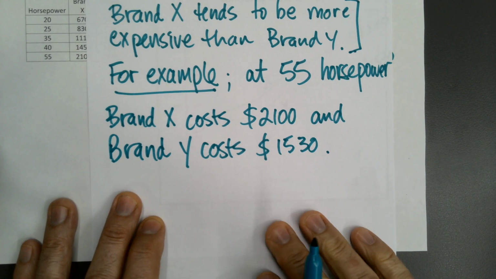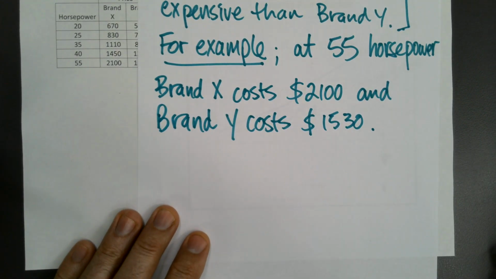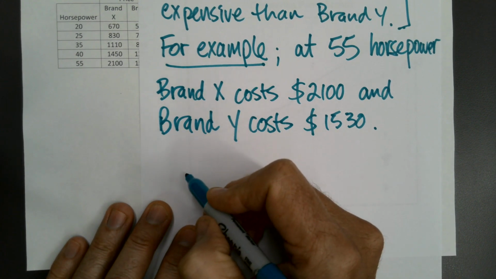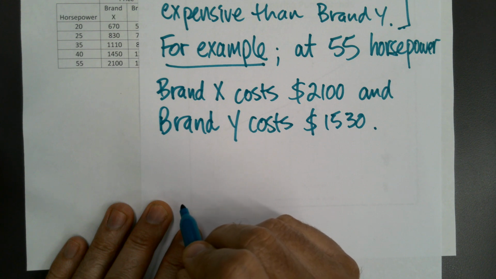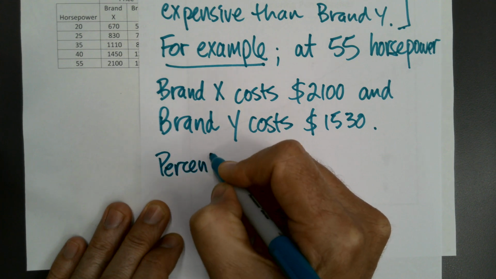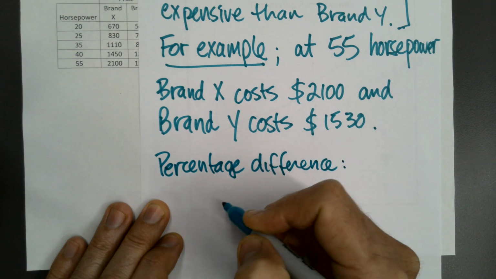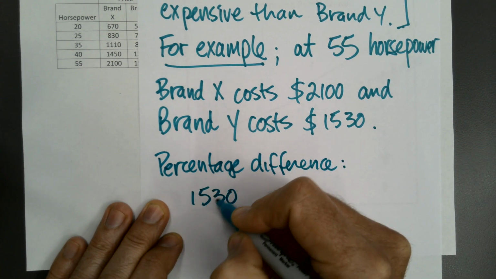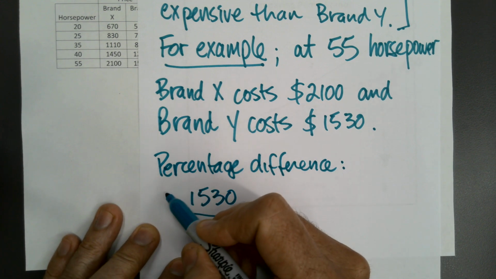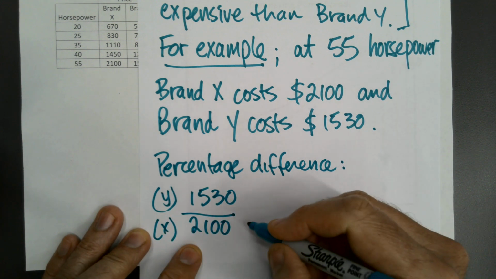Then, and this is the important bit, you've got to add some basic maths. So for instance, let's work out the percentage. One way is to say, let's do this, percentage difference. So 1530 over 2100. So that's brand Y over brand X, isn't it? Times 100.